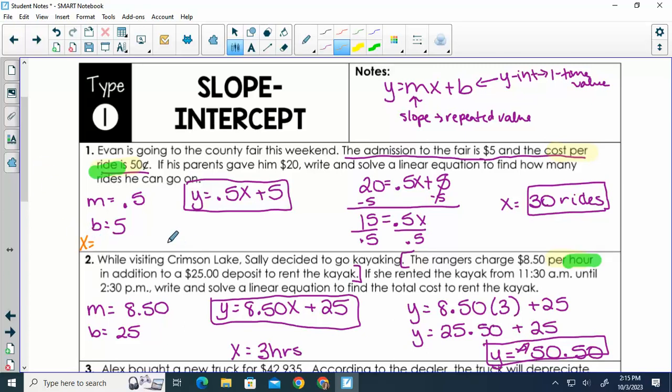There are different ways of doing this, but one way, the y-intercept has the units of your y value because the y-intercept is a y. So the b, that was our y-intercept, the one-time thing. That was my 5. What were the units on my 5?